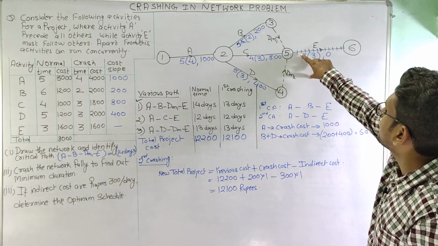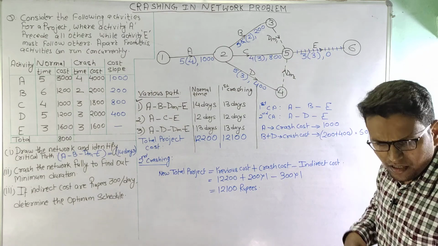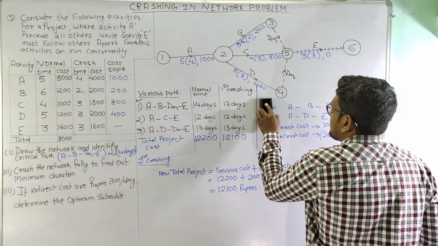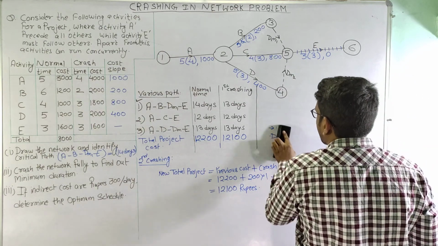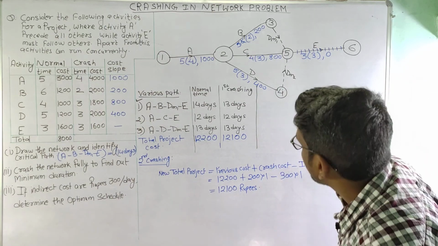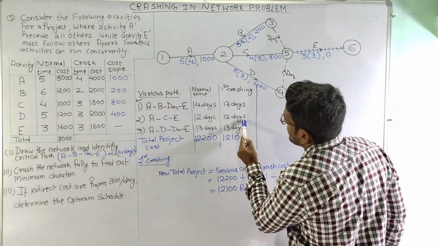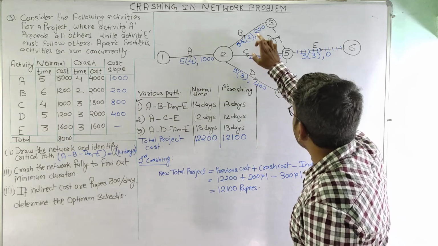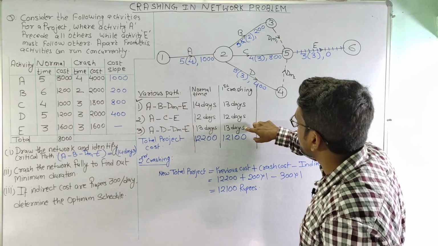and for activity E we have already seen that no more crashing can take place in activity E here. So I am just erasing this. I hope it is clear. Now as we can see that the other time is 12 days here, so activity B and D can be decreased by 1 day only.